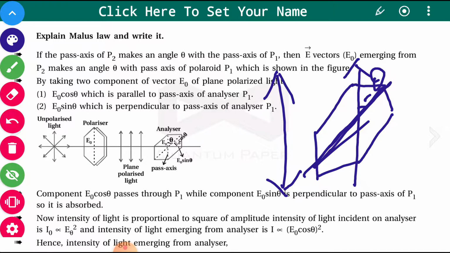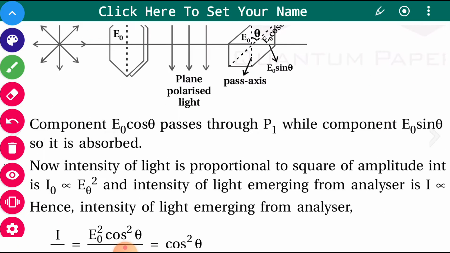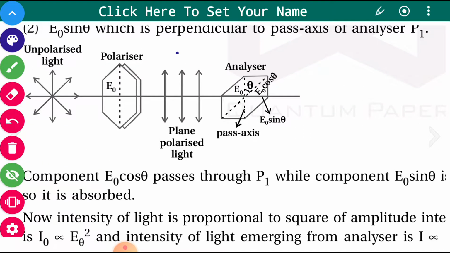Now let us understand the intensity of light coming out from the first tourmaline plate. Say the E vector coming out has amplitude E0.